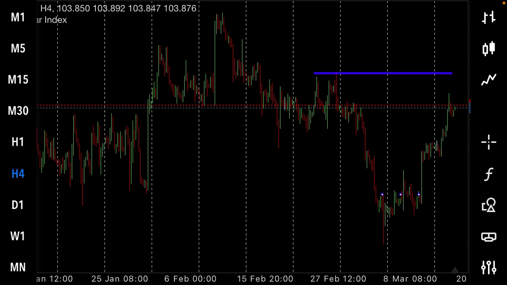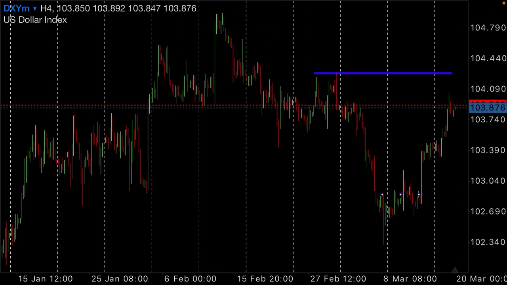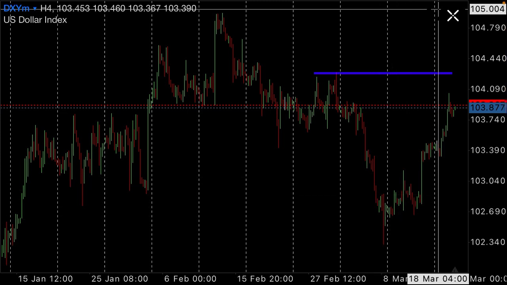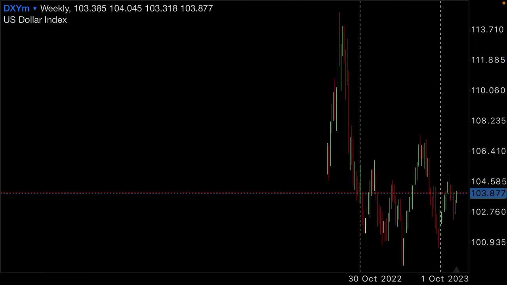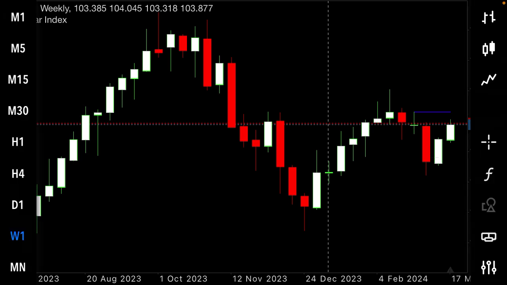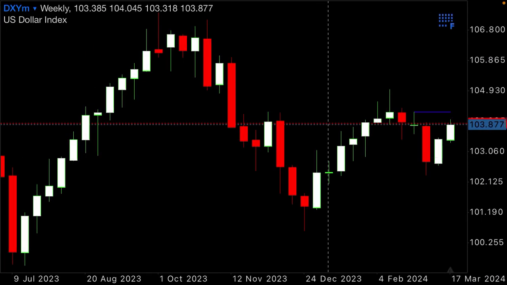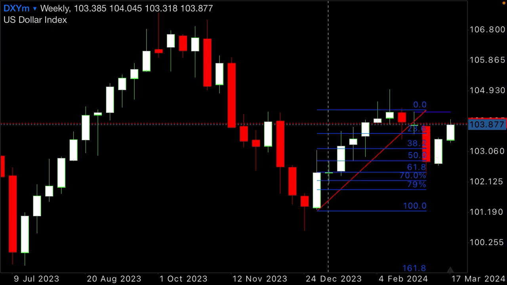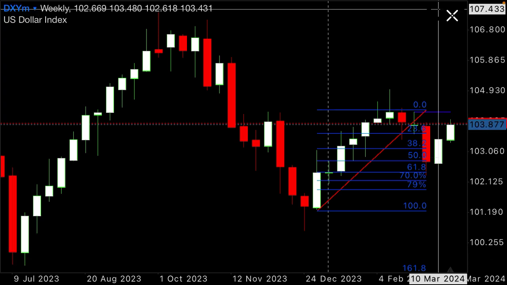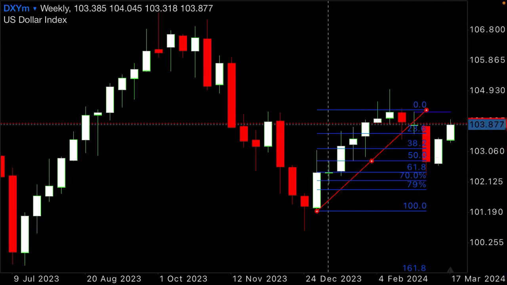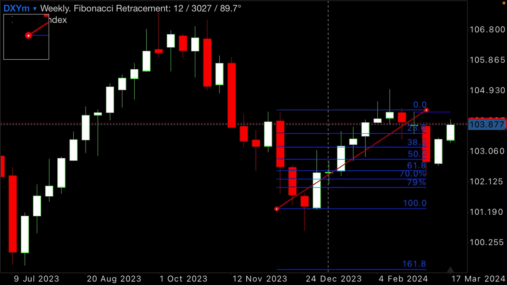So how did we know that the market is going to turn at this area? When you use your Fibonacci from this low to this high, you will get optimal trade entry, right? And how the market reacts from this specific optimal trade entry will tell you whether we are going to have a reversal or not, right?